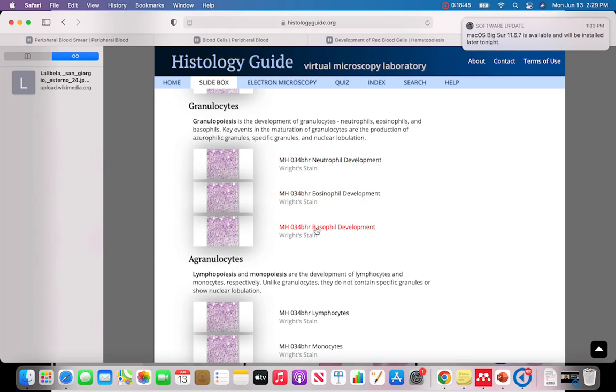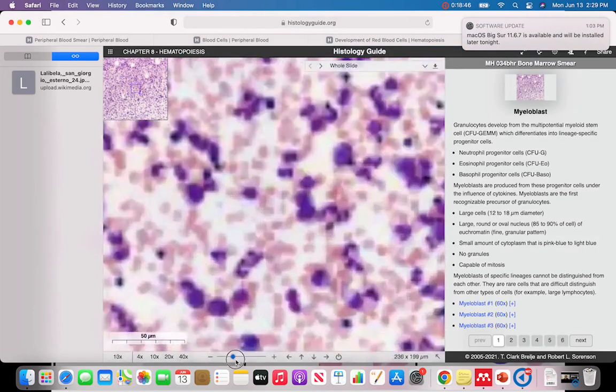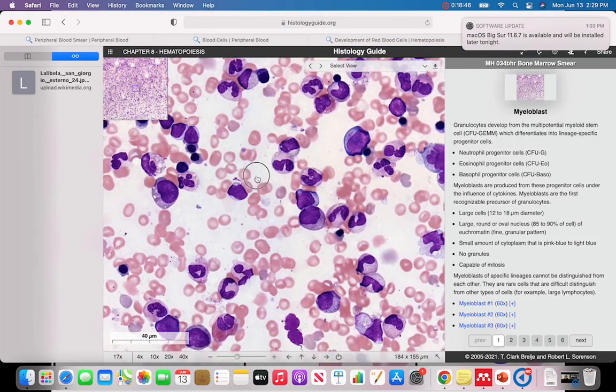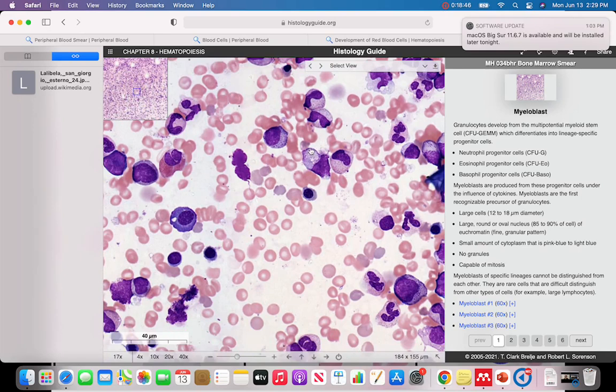If you have a hard time finding these different cells in different stages, you can use these separate slides, and you can use the legend. But I'll be using the neutrophilic development slide. So let's zoom in and look for a neutrophilic lineage.